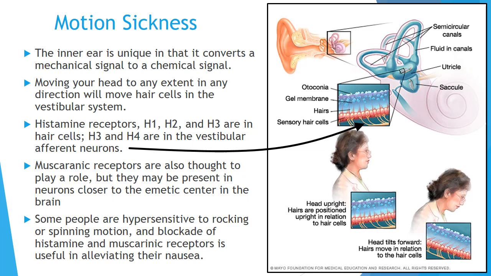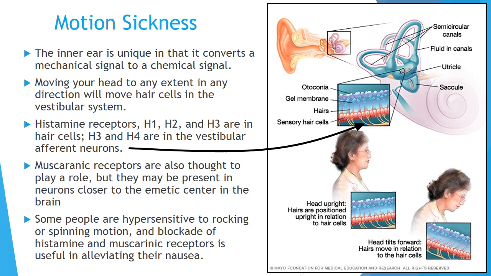So it's really hard to distinguish between the importance of the histamine versus the anticholinergic. But we know that the histamine receptors are here, but the muscarinic receptors are later on in the pathway. Essentially, you need that acetylcholine later on in the pathway in order to trigger nausea and vomiting. And that's the main point.